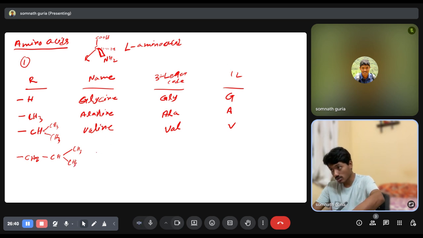It's called leucine. Three letter code is Leu, one letter code is L.